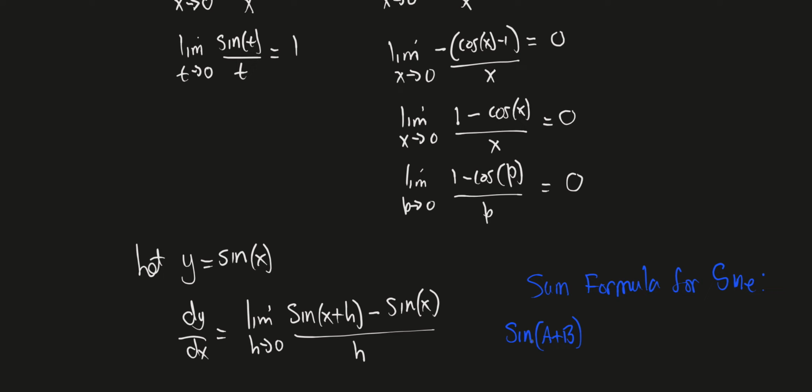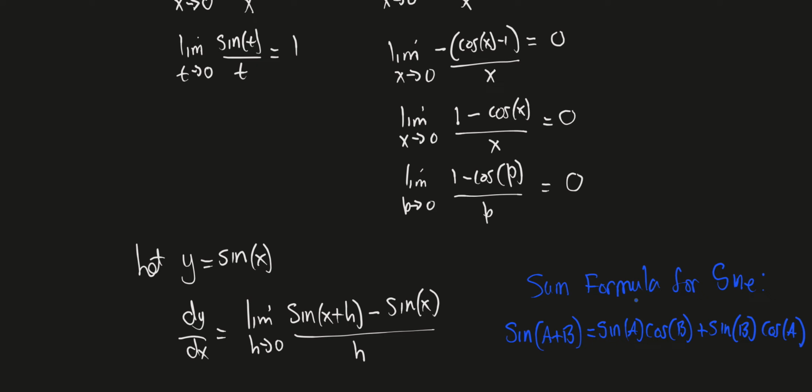They would say that the sine of a plus b is equal to the sine of a times the cosine of b plus the sine of b times the cosine of a, right? And what this formula, this identity from trig, right?